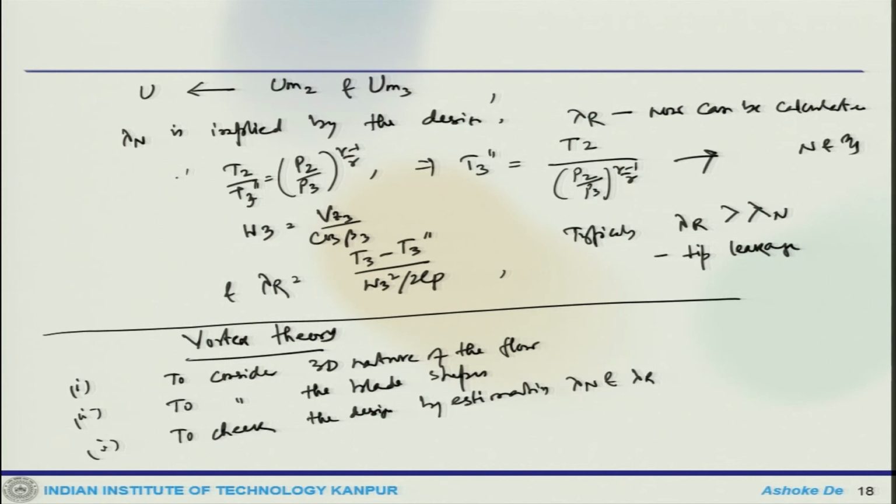So, when we take the 3-dimensional effect, considering radial equilibrium, we have already seen in the compressor that U is r omega.